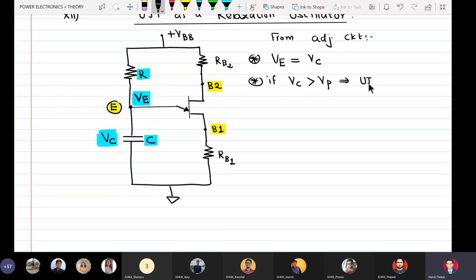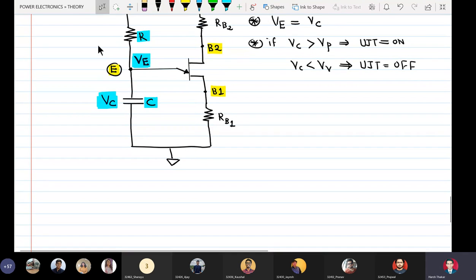then UJT is on, and if the capacitor voltage is less than the valley point voltage, UJT is off. Now understand, students, when I say on and off, that means there is a switch kind of operation here. So we can actually draw it like this.